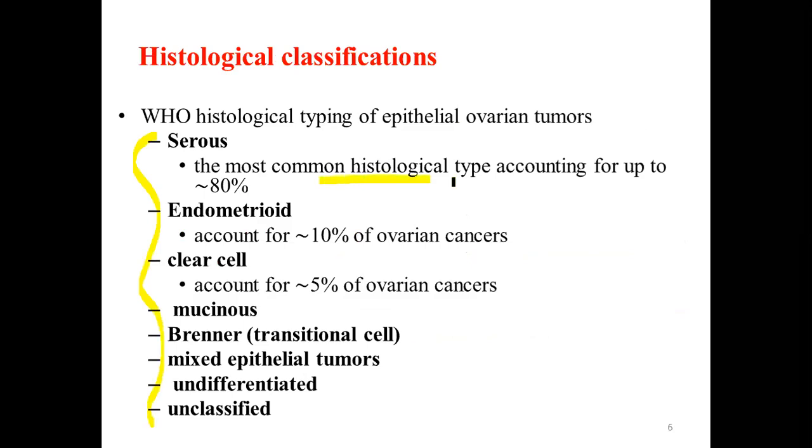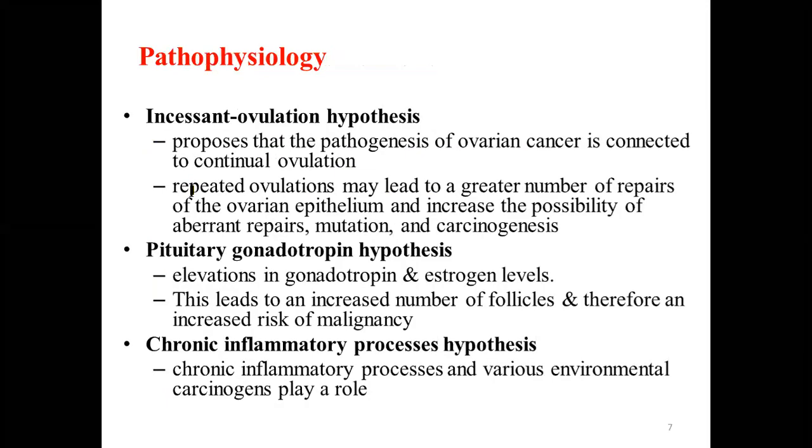The serous type is the most common type of epithelial tumor, accounting for about 80% of cases. There are also endometrioid and clear cell types. It is the role of the pathologist to specifically indicate what type of epithelial ovarian tumor the patient is having. So the serous type is the most common histological classification.